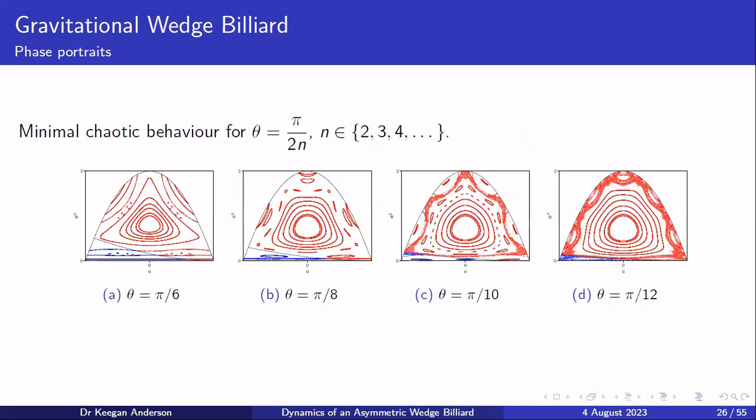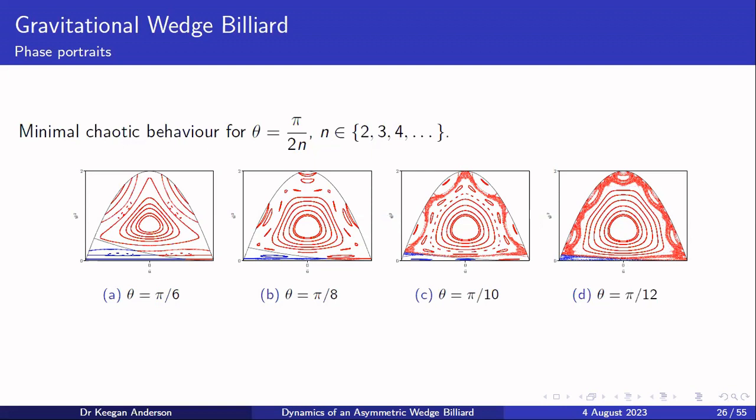What was also interesting in a later paper, which I'll reference for further study, is that for theta equal to this ratio of pi over 2n, you get minimal chaotic behavior. And I've plotted this for different values of n. I did n equal to 2, 3, 4, and 5.